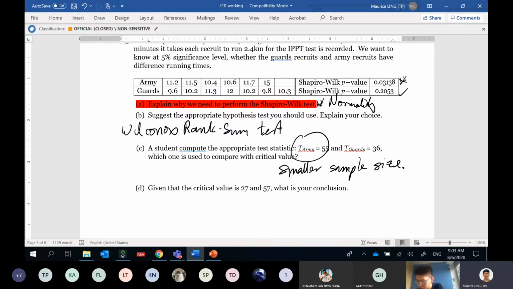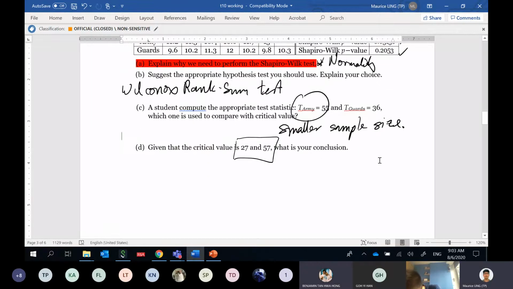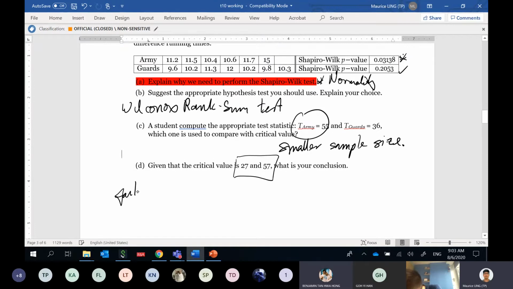Okay, given the critical values are 27 and 57, what is the conclusion based on this statistic? We fail to reject the null hypothesis.